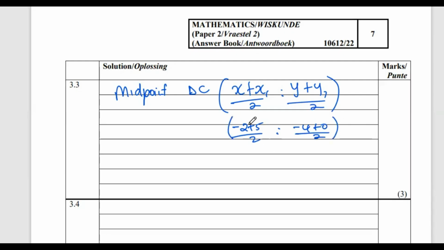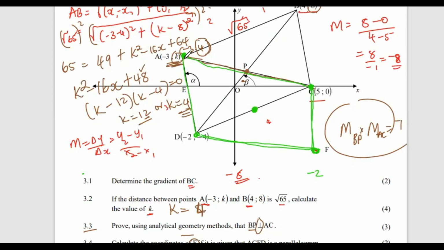Okay, so when we simplify this, we have a 3 over 2, and then we have a -1. That is our midpoint.